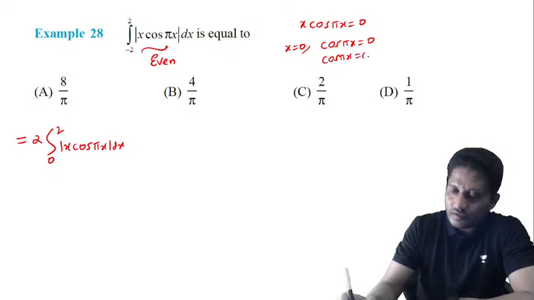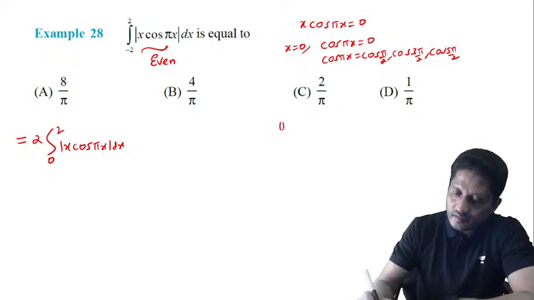Cos pi x is cos pi by 2, cos 3 pi by 2, cos 5 pi by 2, and so on. So pi x is pi by 2, 3 pi by 2, so x is 1 by 2 and 3 by 2.